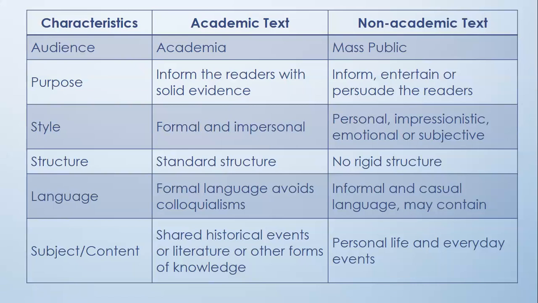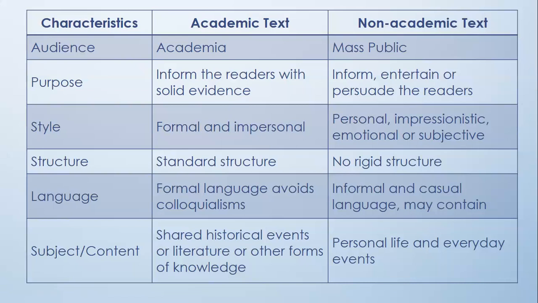So next, let's talk about the style. In academic text, it is formal and impersonal, objective. When we say style, it is actually how the author or writer of the academic text wrote his academic text.